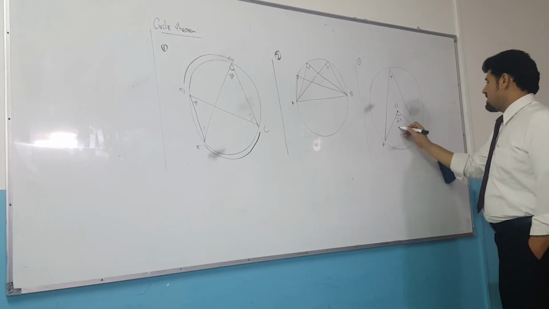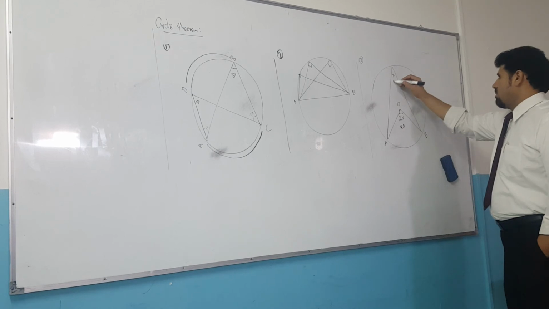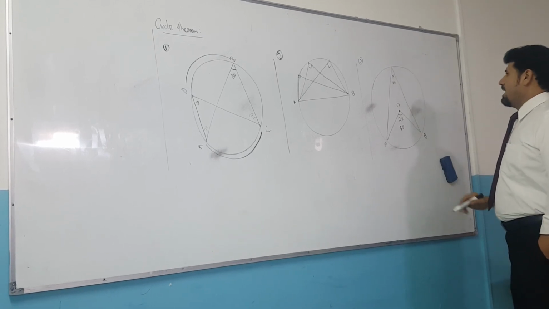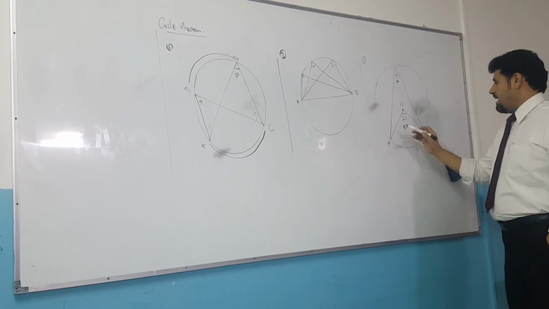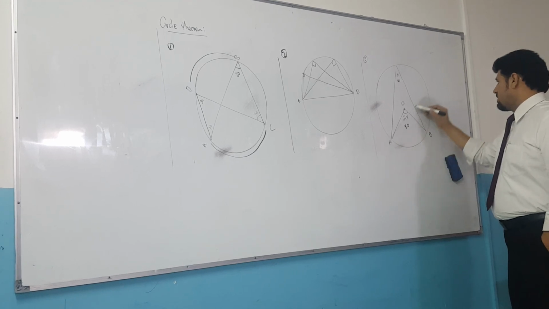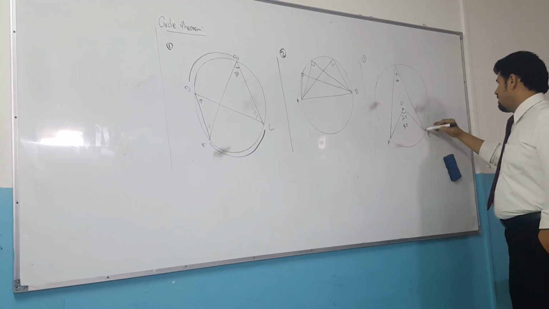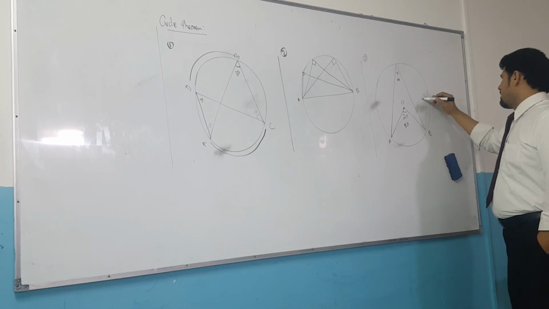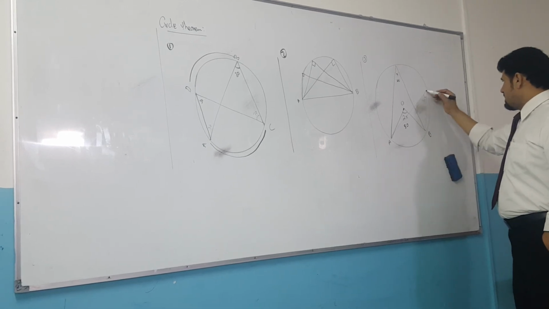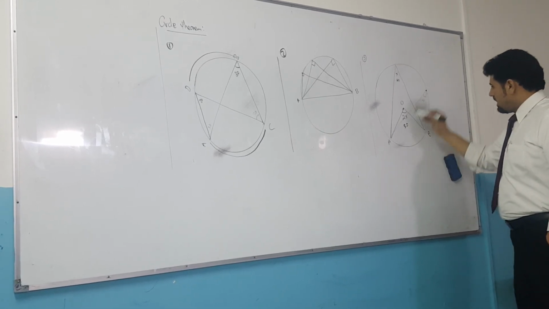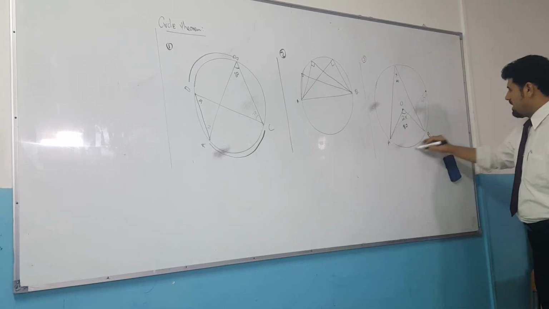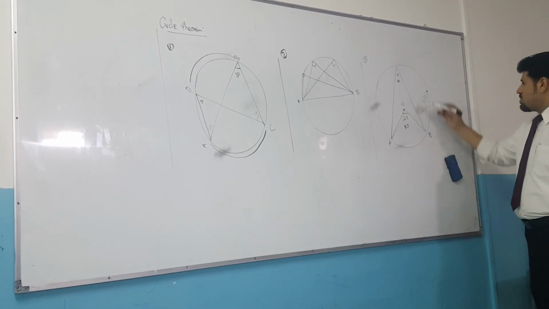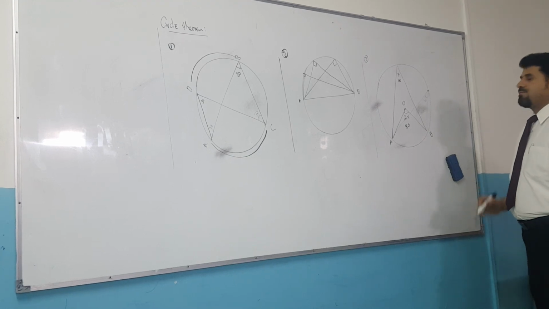So simply, if this is 80, this will be 40. And this is the case for any other angle. So if I draw it here, this angle is also 40, because it's at the circumference and subtended by the same arc as the one at the center. So this is 40, this is the 40.